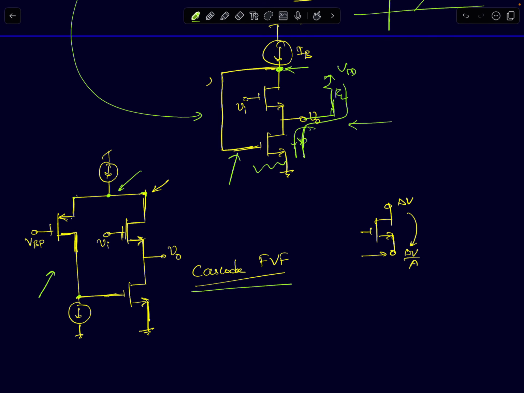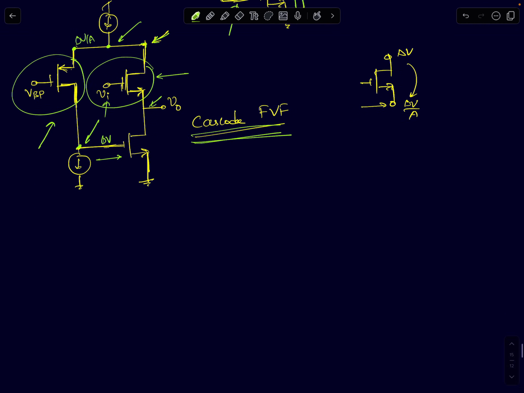So if this changes by delta V, this node will change by delta V by A. It will be a much smaller variation. So this will behave very close to a common drain amplifier. Its drain will also be calm, and both input and output will change. So it's truly a common drain configuration. This is what we call a cascode flipped voltage follower, which is something you will normally see in the literature.